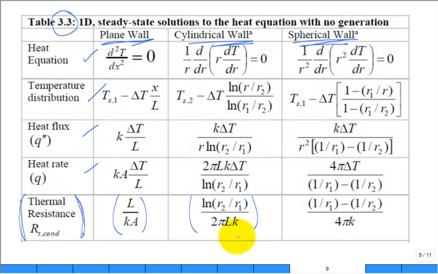The natural log of r2 over r1 divided by 2 pi kL, that's the thermal resistance through insulation. And this one for a spherical tank, (1/r1 minus 1/r2) over 4 pi k. So you can solve problems in radial systems as well.